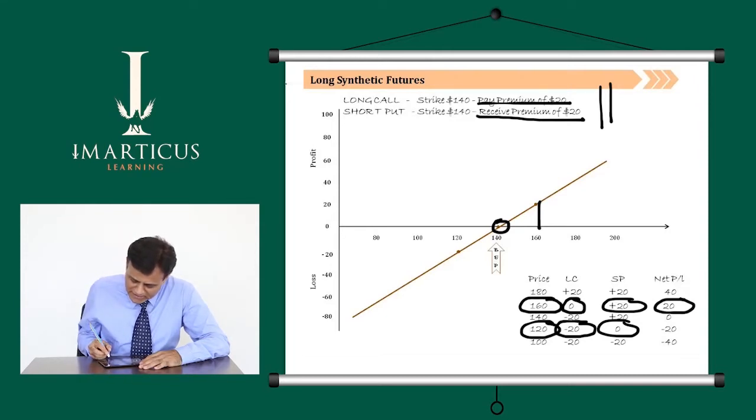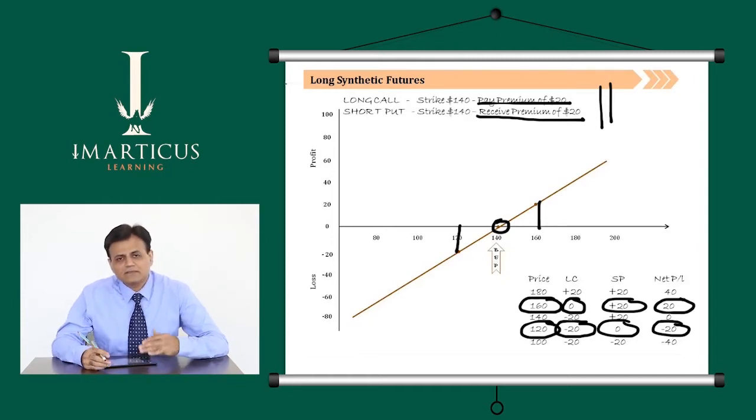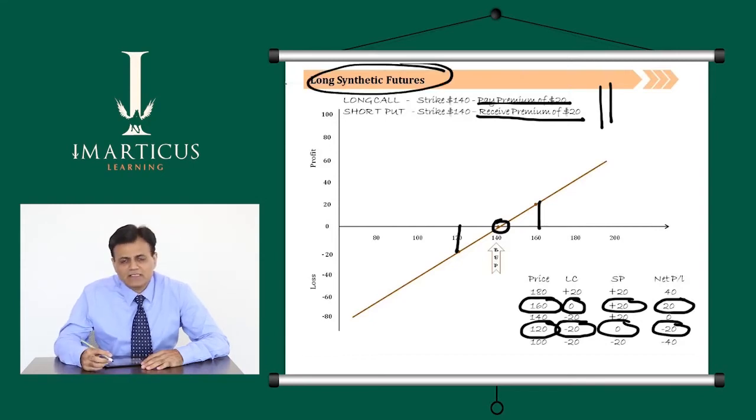This means that if the crude prices were to fall to $120, we would be at a net loss of $20. This particular strategy mimics the payoff of a futures contract. Hence, this strategy is called the synthetic futures.